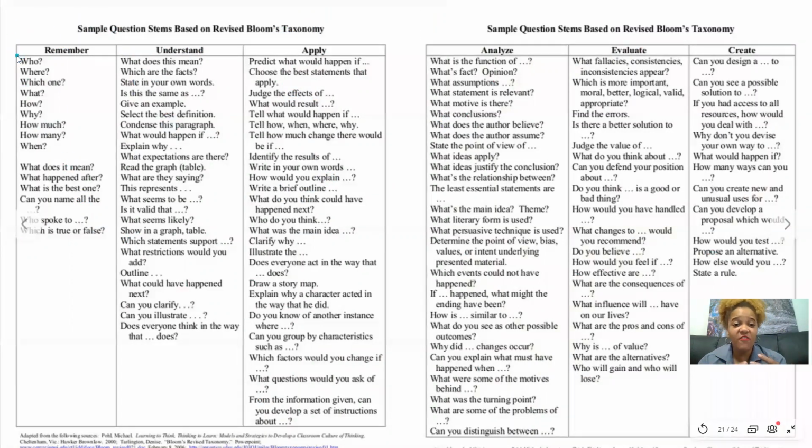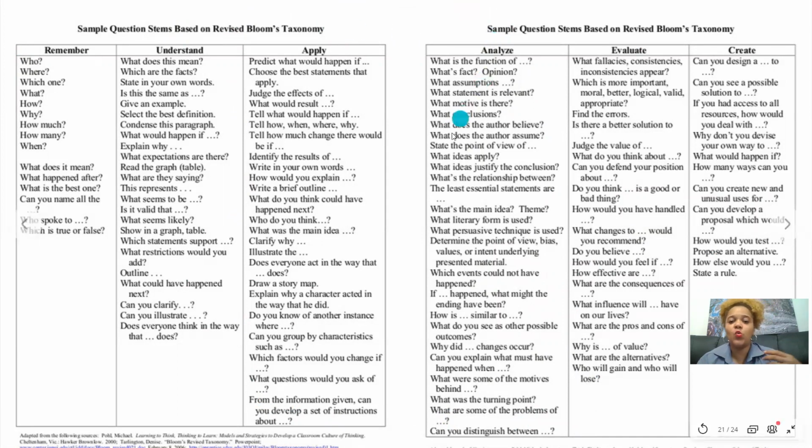So we have to start finding ways to move away from that and move towards questions on our assessments that look more like apply and analyze, because that's where we're trying to build our kids' rigor level. That's where we're trying to build higher order thinking skills, comprehension, and all of those different techniques.